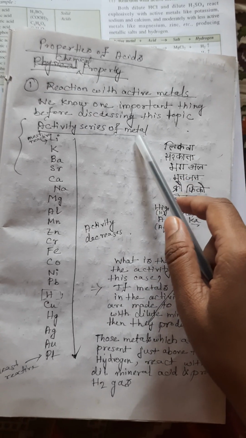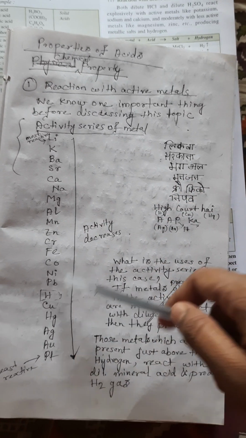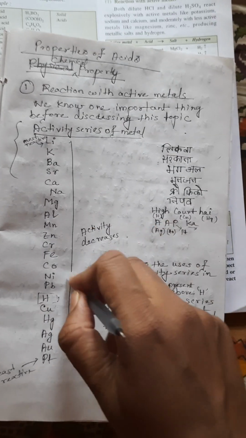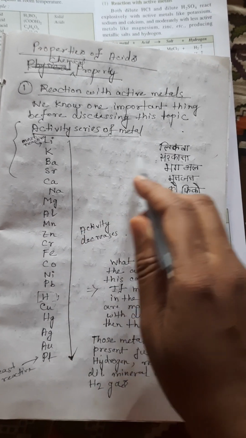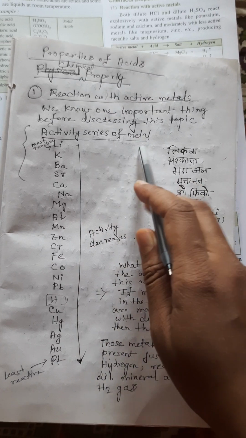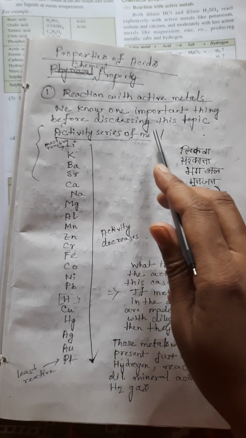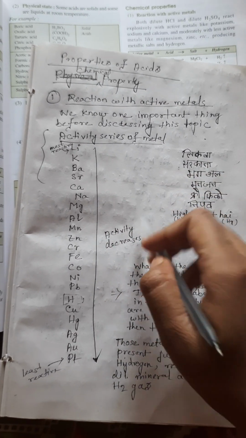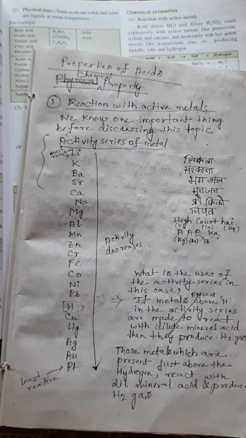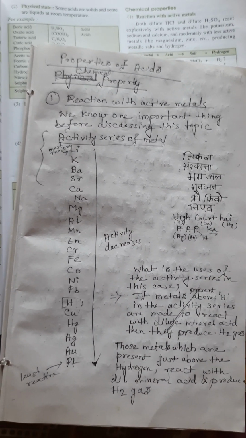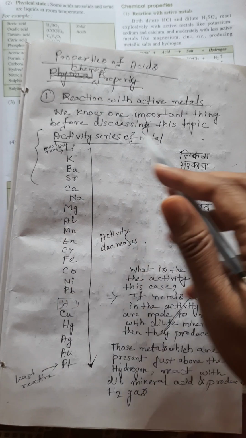I think you have memorized all the names. Now here is a trick to remember the activity series, because you must memorize it. Why? Because this is also important for the next two chapters, electrolysis and metallurgy.